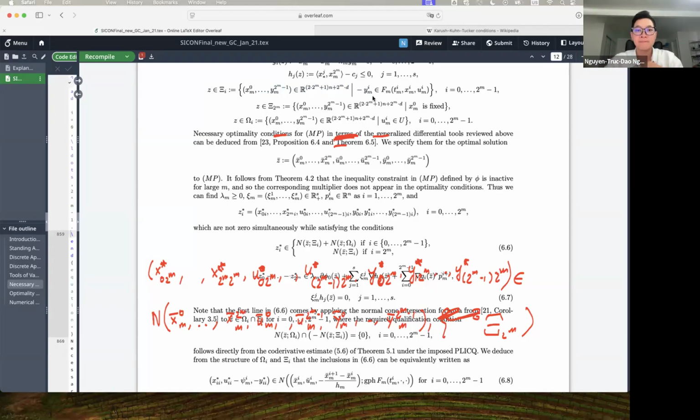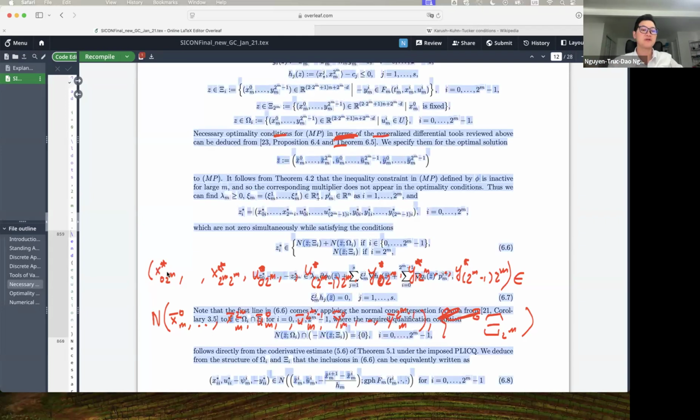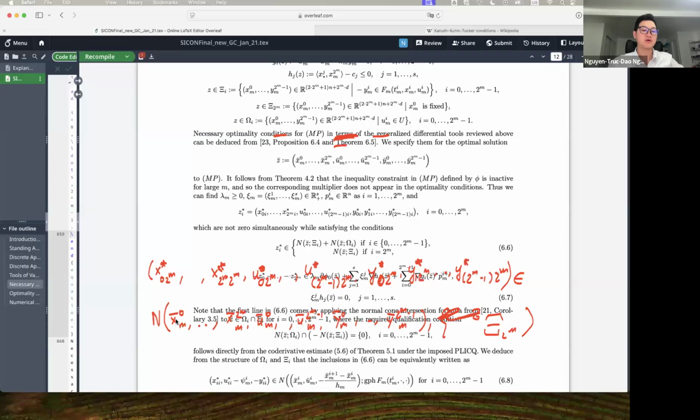For example, if we want to make sure that this element belongs to the normal cone to this set, let's consider it separated in terms of one element: this element belongs to the normal cone to the set at the point x bar 0 2m.